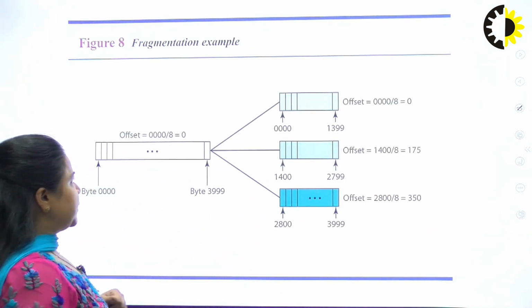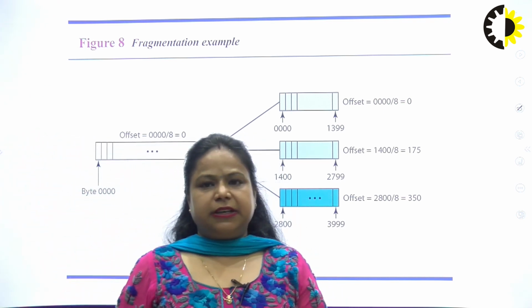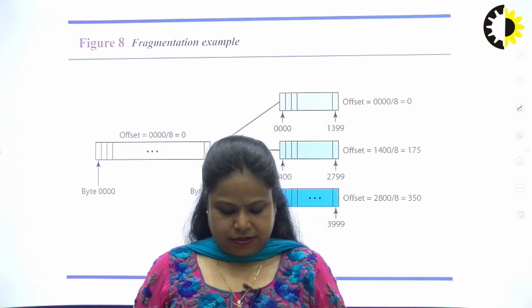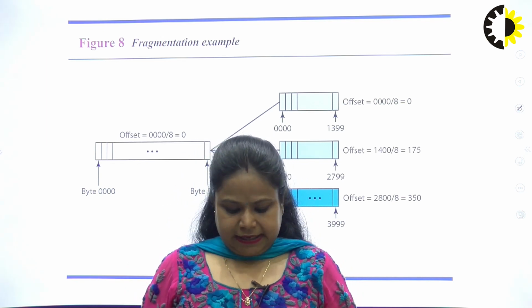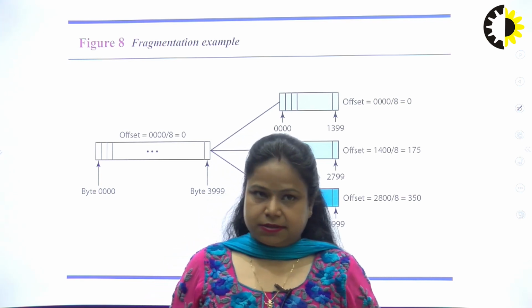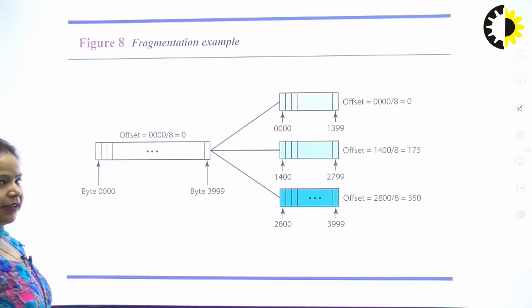Now, the last parameter is the fragmentation offset. When I am talking about the fragmentation offset, we have to check the values for the fragmentations, right? In the case of fragmentation offset, this value should be 13 bits, right? I can explain with an example.